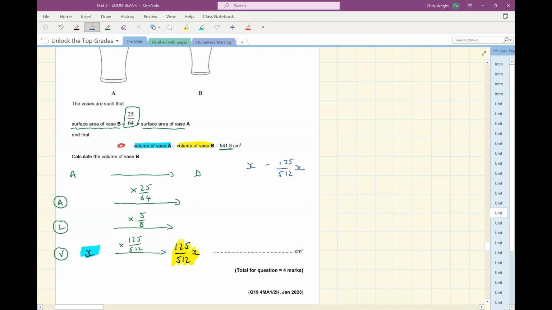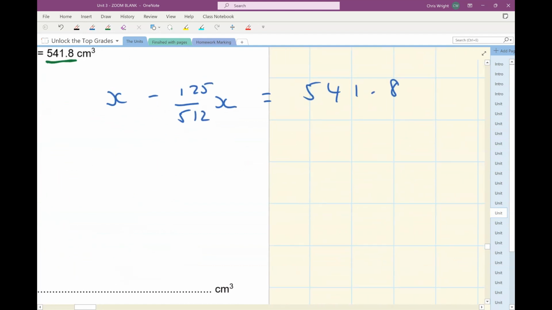So the volume of vase A minus the volume of vase B equals 541.8. Now there's an equation with x's in it that we can solve. Let's multiply everything by 512, not forgetting to multiply the right-hand side by 512.